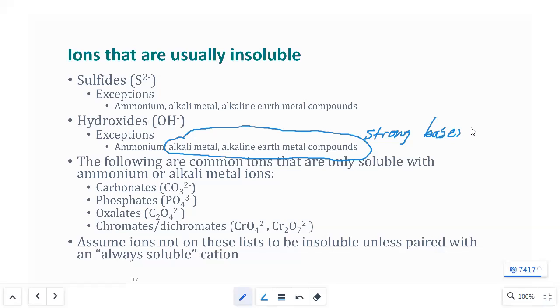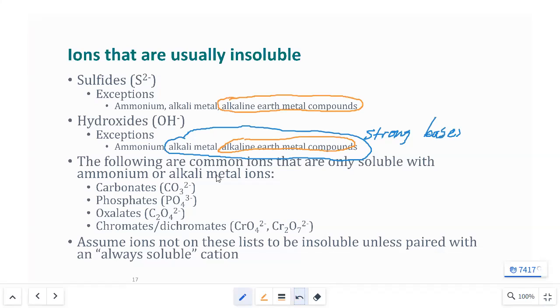So really, the exceptions here, if you want to think about them, are sulfides with alkaline earth metals and hydroxides with ammonium. Or, excuse me, I misspoke there. Those two in orange are the only exceptions, really.